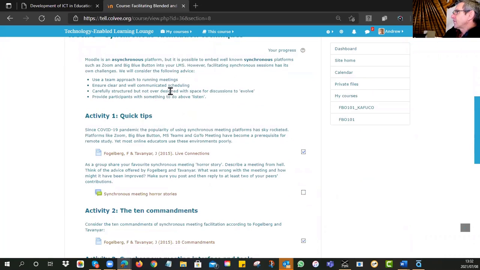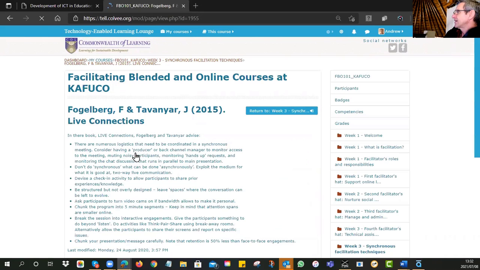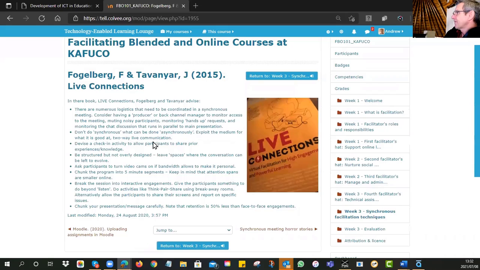One of the things we were looking at was this particular book here. I like this book. Actually, I met the guy who wrote it. He was at the eLearning Africa conference in Ivory Coast before we all got locked down, and no one's been out since.